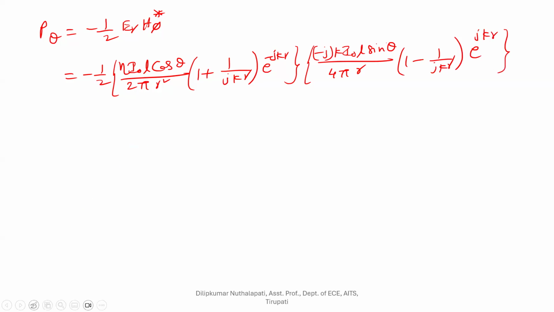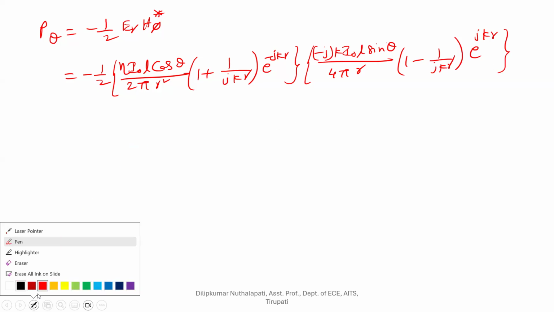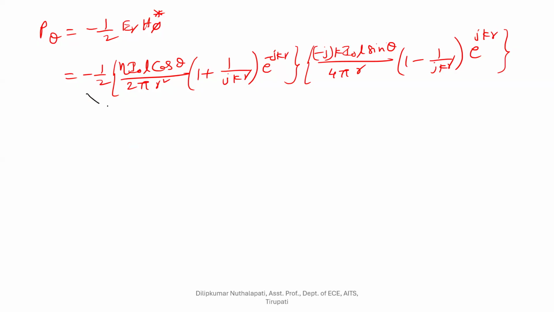So the second term is the conjugate. So you have to make that conjugate term such that the sign of the imaginary terms is changed. So these are the two signs.